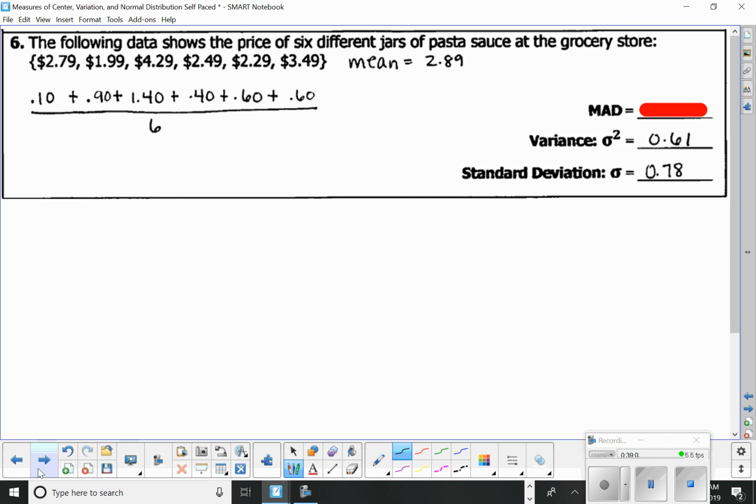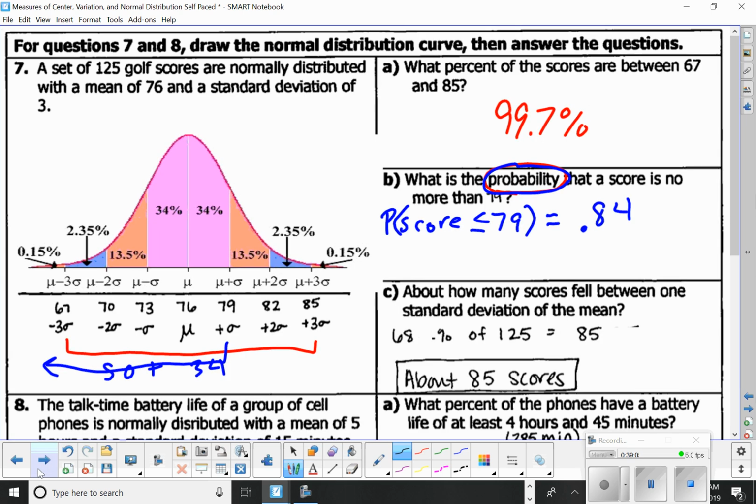Okay, and here for questions 7 and 8, you've got to draw the normal distribution curve, then answer the questions. Not so much draw it, but sketch in what it means. When you're asked to draw it, you're asked to put this information here. Plus and minus how many standard deviations and what that value is.